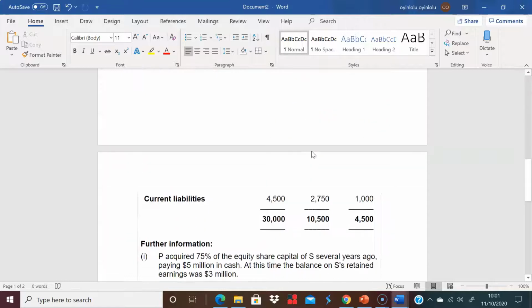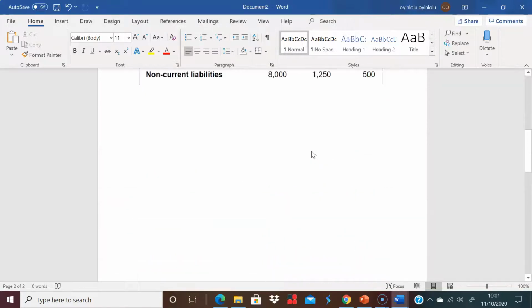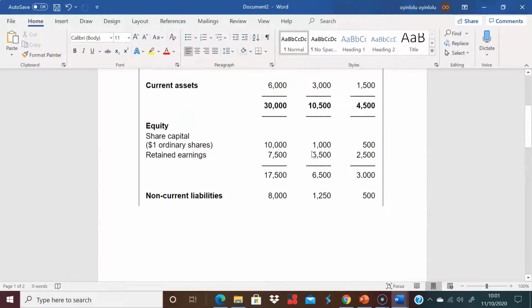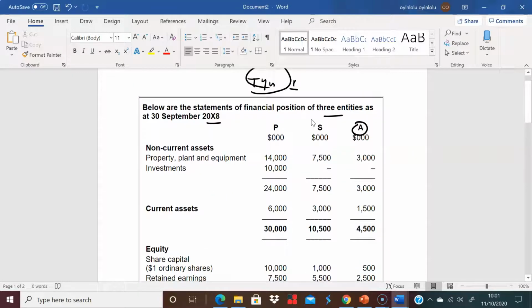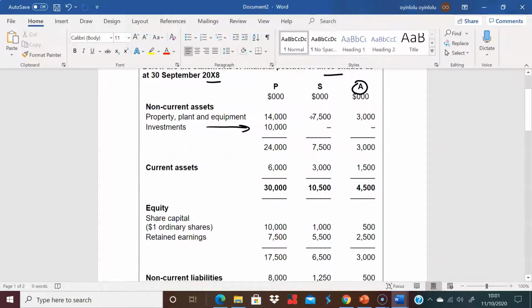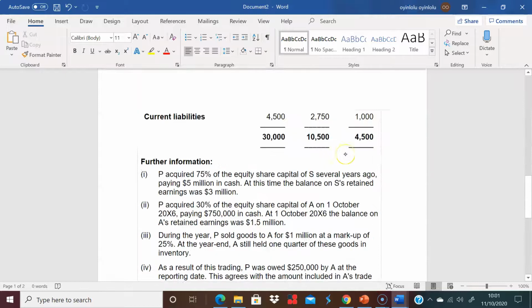Let's look at the situation here. 4,500, all good. I think it's important to pick up on these points. We have investments, so we know that this 10,000 is made up of S and A at least. There might be other investments, it doesn't really matter. But the key point is we just follow the information.